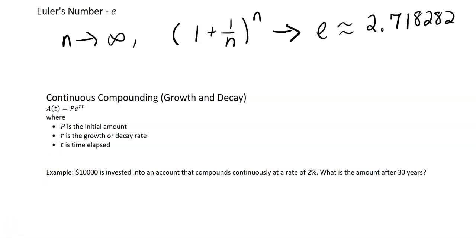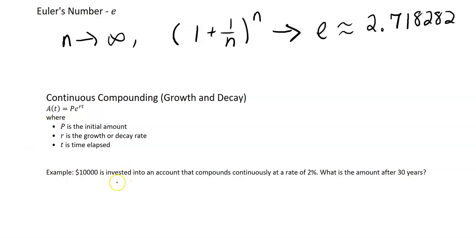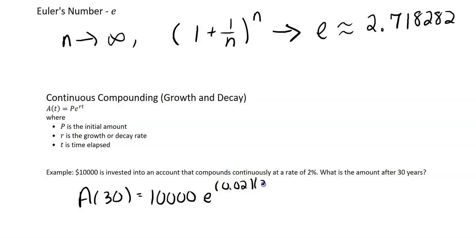Now, what we want to do is look at this next example. So, $10,000 is invested into an account that compounds continuously at a rate of 2%. What is the amount after 30 years? So, let's see what the power of continuous compounding is compared to our monthly. So we want A of 30 equals 10,000 e to the 0.02 times 30.